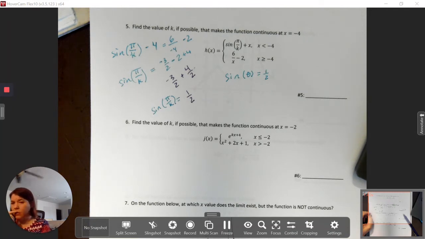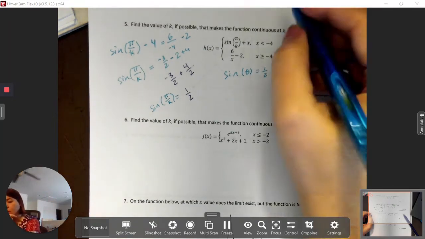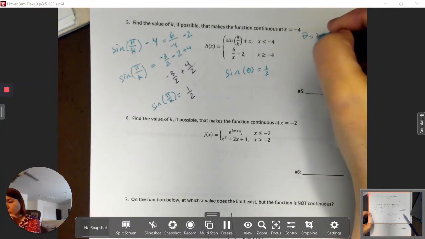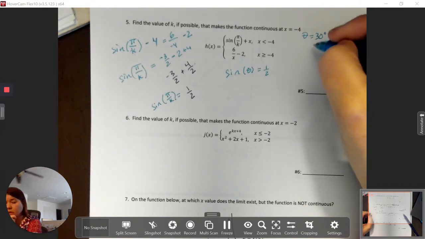And so sine is 1/2 at, circling, sine is y. So sine is 1/2 at 30 degrees, but we are in calculus, so we can't use 30 degrees. We're going to use pi/6.